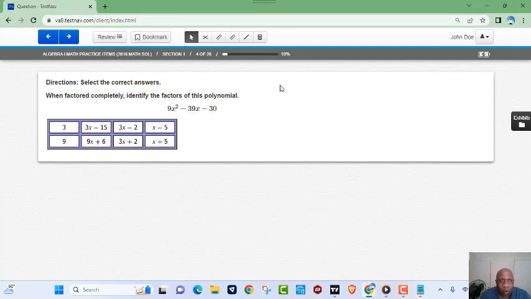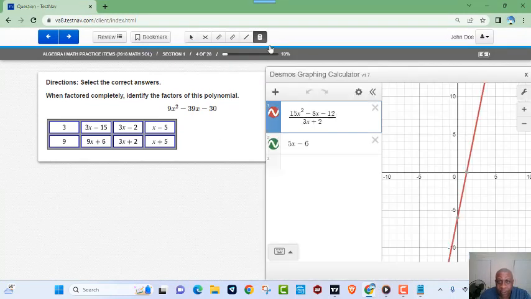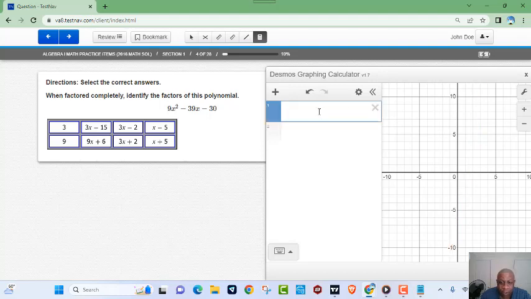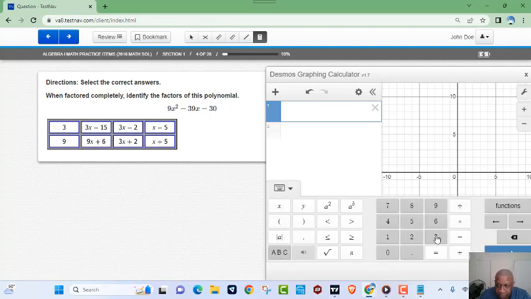Okay, so what we're going to do, we're going to go to our Desmos here. We're going to clear out our previous information, and we're going to graph that. Let's bring up our calculator here. 3x squared minus 13x minus 10.